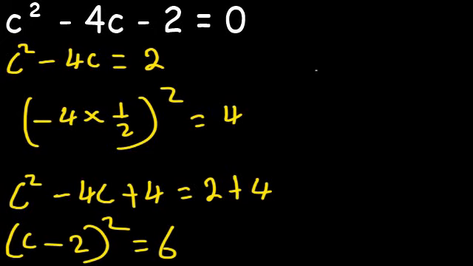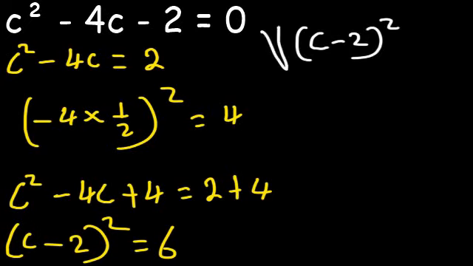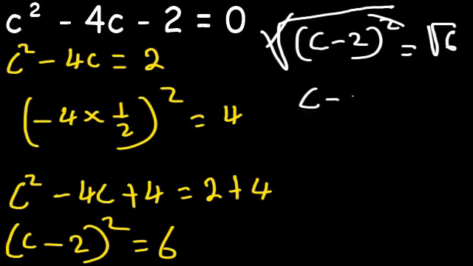And I would like to get rid of the square. Just like before, let me find the square root of both sides. So I should get the square root of c minus 2 squared equals the square root of 6. So it means I'm going to be having an irrational root in this case. So square root cancels squared, and I should be left with c minus 2 equals plus or minus square root of 6.